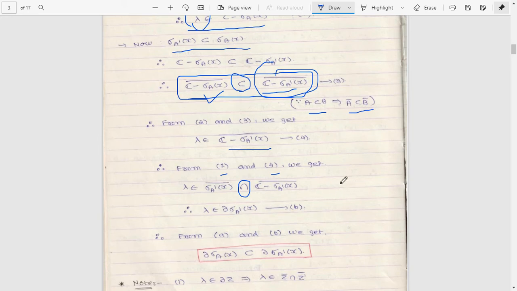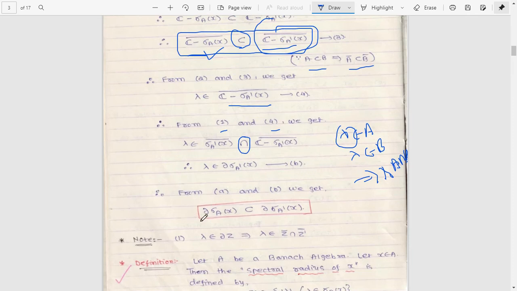If a point lambda belongs to A and lambda belongs to B, then lambda belongs to A intersection B. So from A and B we get boundary of sigma A of x is a subset of boundary of sigma A dash of x.